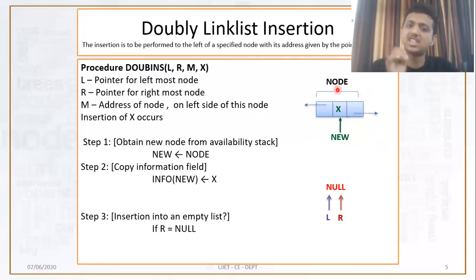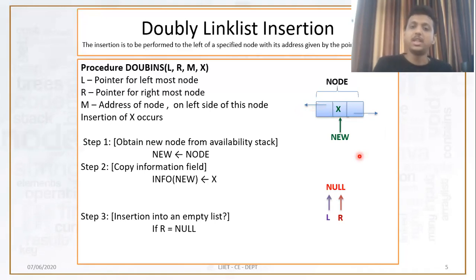Again, I am repeating the same question: right now my linked list is empty. I am taking a new node from the availability stack. So that node becomes my first node. Yes or no? Yes, definitely. So this node is my first node. If this new node is my first node, then the left pointer is pointing to null, because LPTR of new arrow null.